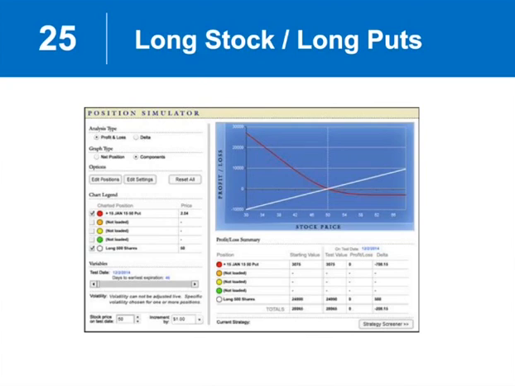That gives you lots of potential if the stock goes down, but knowing full well that if the stock either goes up or just sits around that strike, you have risk of losing the time premium on those long puts. So that's long stock, long puts.